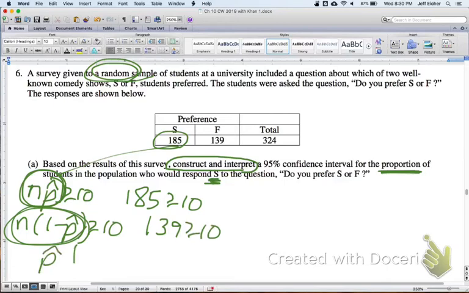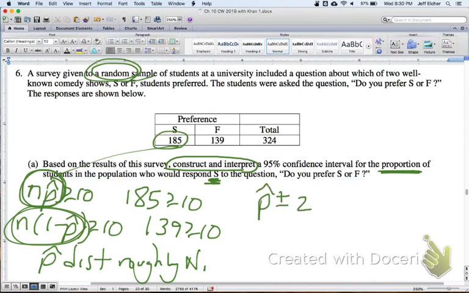So the p hat distribution is roughly normal. And we assume it's a large university, so the independence condition is met. The formula that you would use is p hat plus or minus z star.